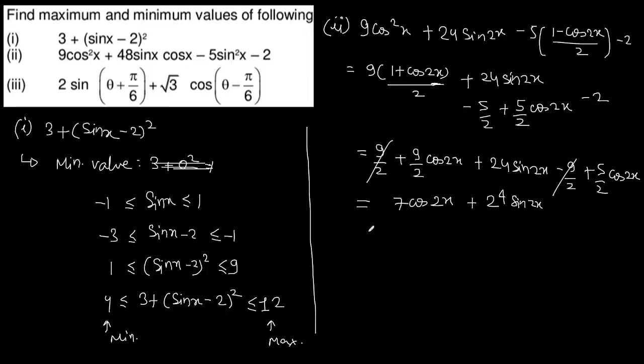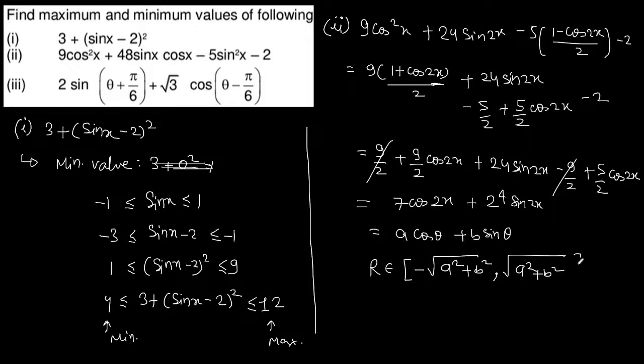So if it is like A cos theta plus B sin theta, the range is from minus root under A square plus B square to root under A square plus B square.